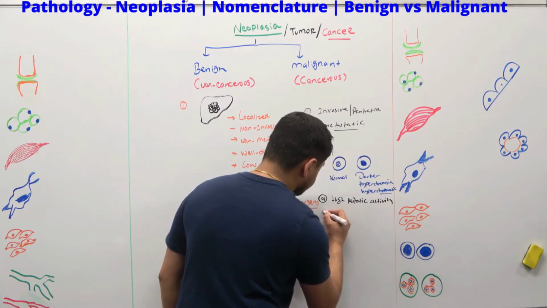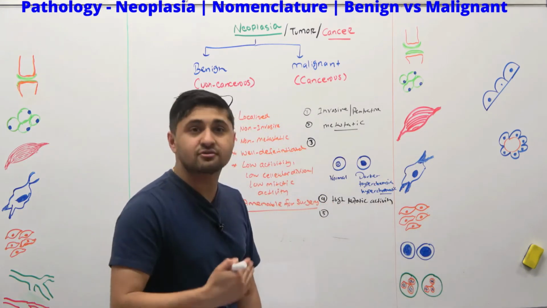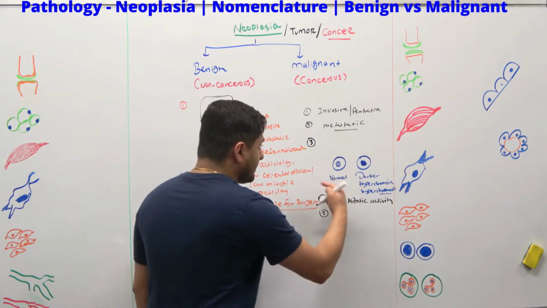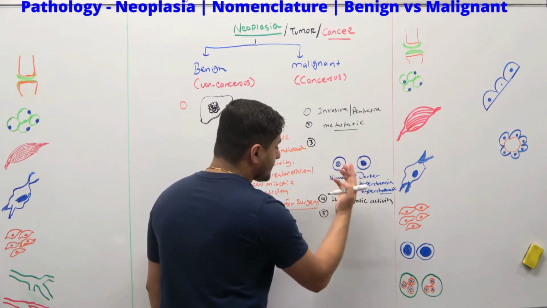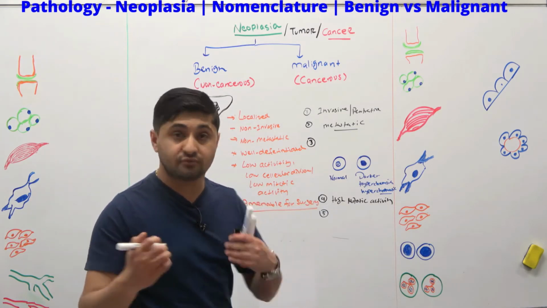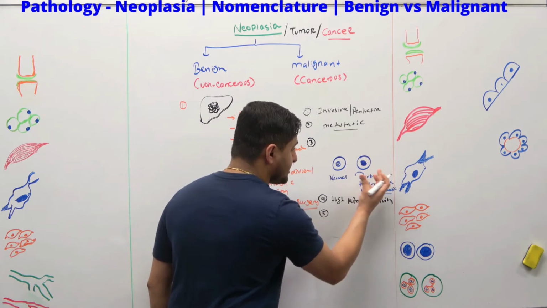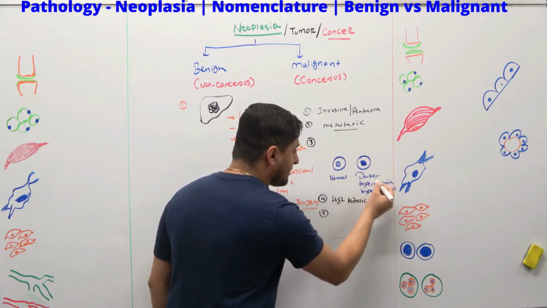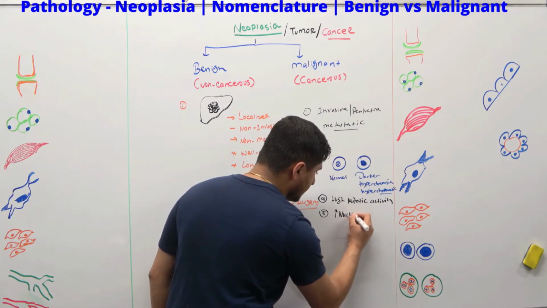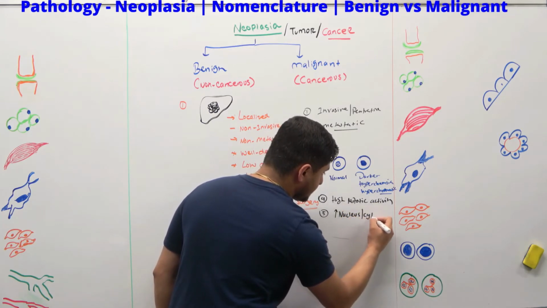And not only this, the malignant tumor is aggressive. It is a rapidly growing tumor. So if you look at the ratio of the nucleus and the cytoplasm, you also see a difference, because of the greater abundance of the nucleus. So the nucleus to cytoplasm ratio is increased.